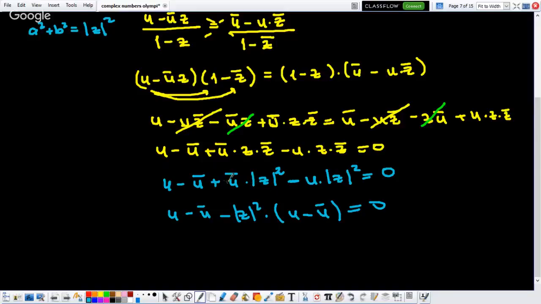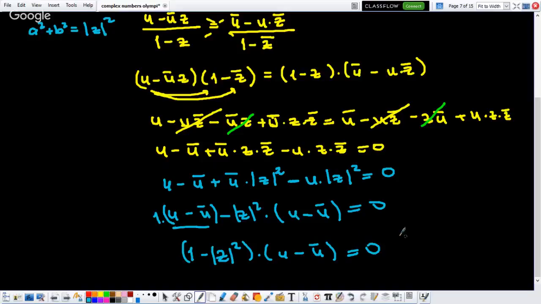This term and this term are now the same. If I write it in parentheses like this, the coefficient here is 1. It's going to be like this: (1 minus modulus z square) times (u minus u conjugate) is equal to 0.